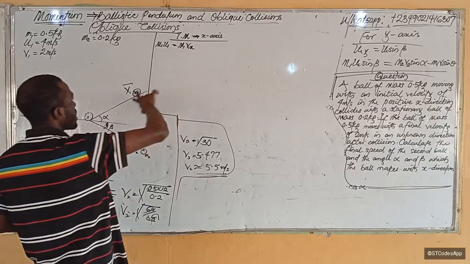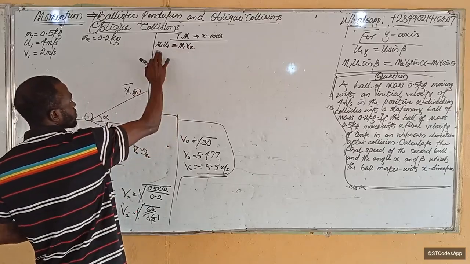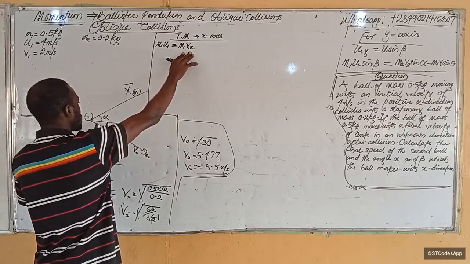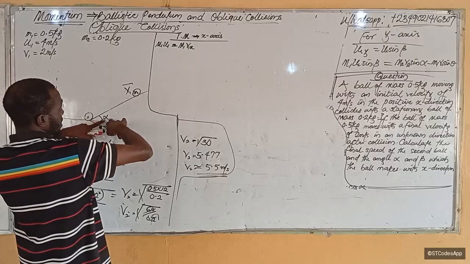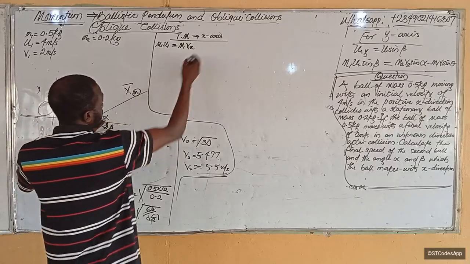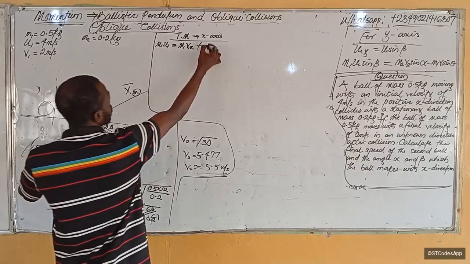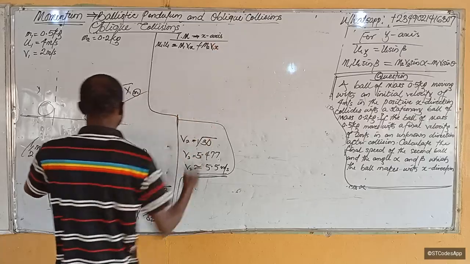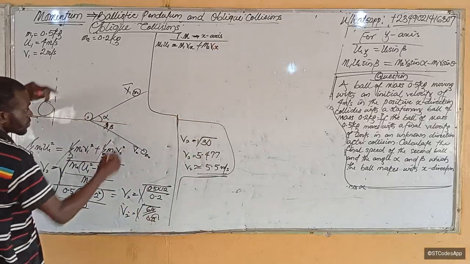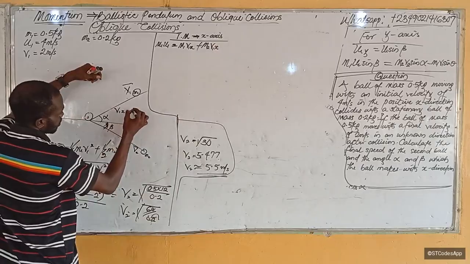m1v1x, because after collision, v1 moves in the x direction like this, at an angle alpha, plus m2v2x. So now let's generate an expression for v1x. v1x will be equal to what?